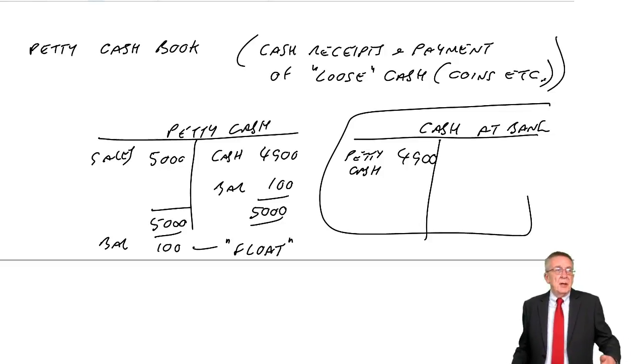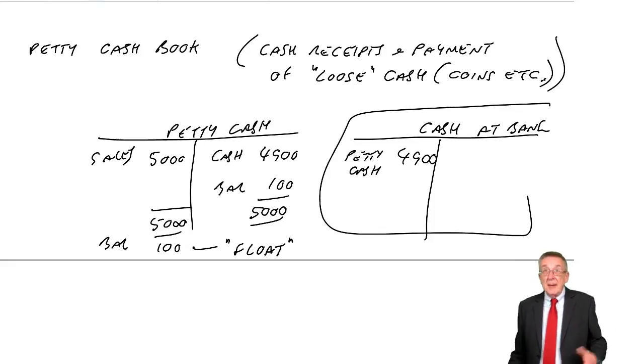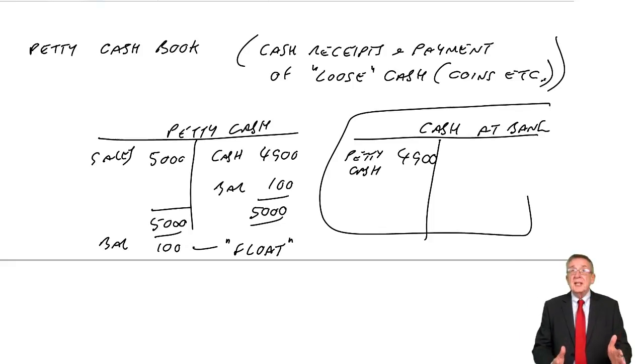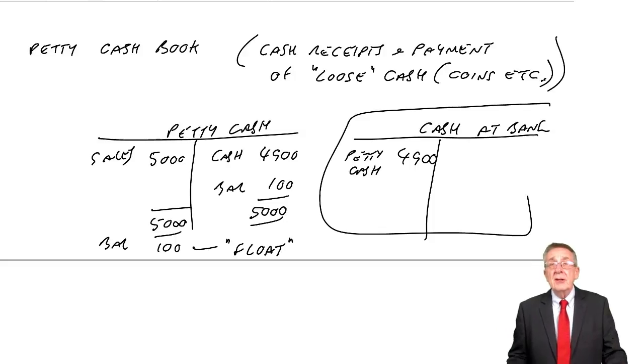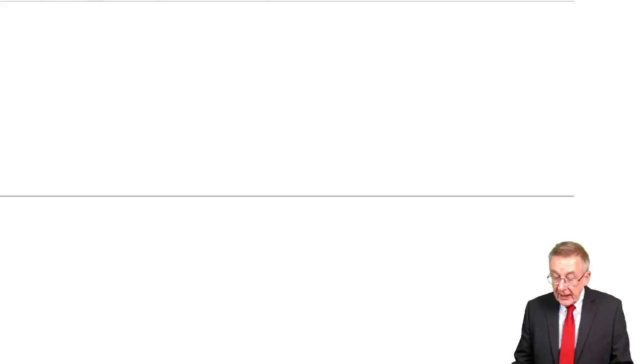Or somebody comes to collect money for charity. You're not going to take cash out of the bank, but if we've got a tin with some loose cash in, you can give them a bit. And so it's very common for big businesses to have a little bit of cash.